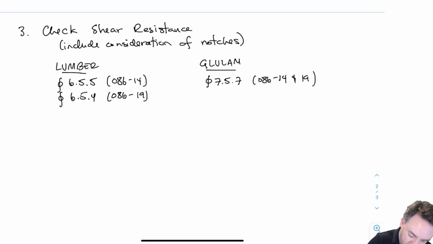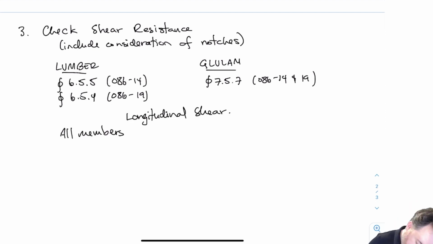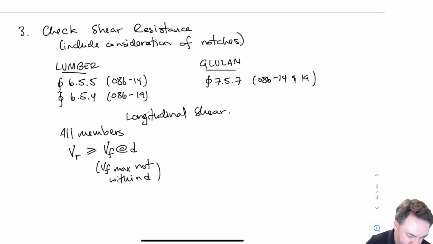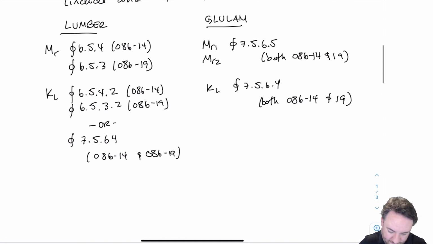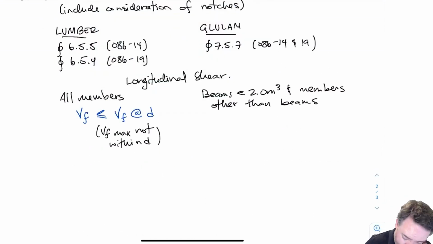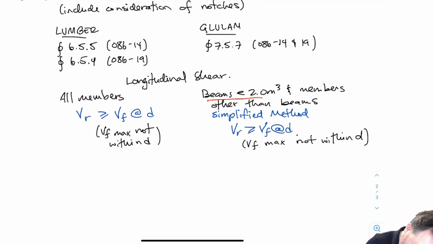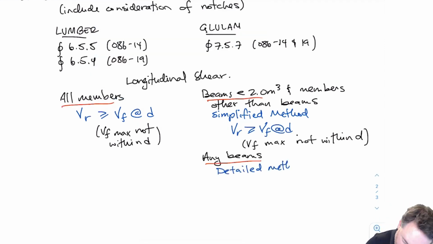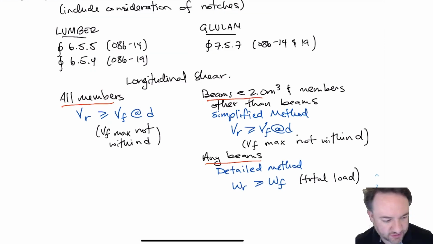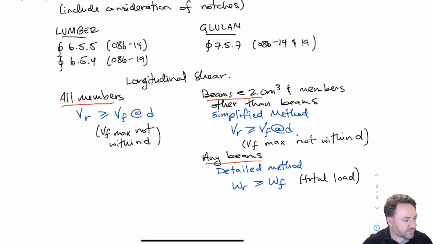Okay, so starting with longitudinal shear. Okay, so for the first bit, which is the longitudinal shear, on the lumber side, we just have one equation for longitudinal shear where the resistance is greater than or equal to VF at D. And you remember that this resistance includes a net area reduction.